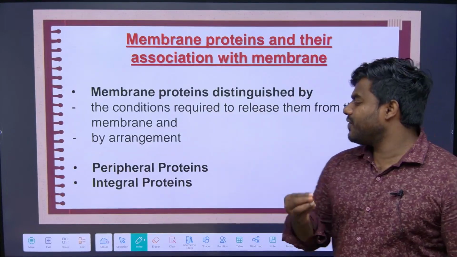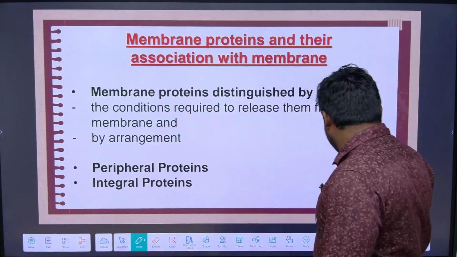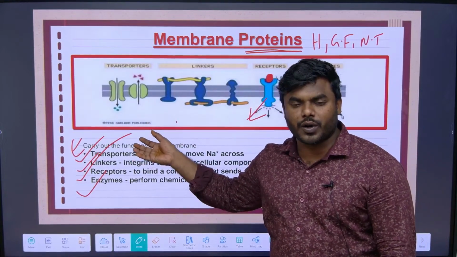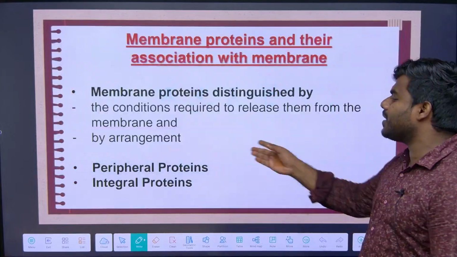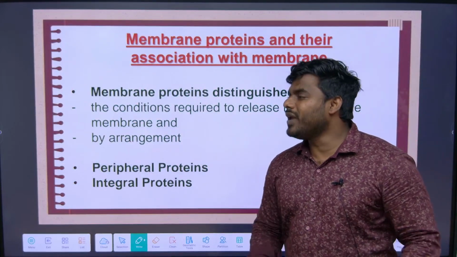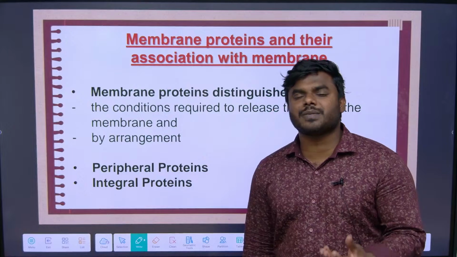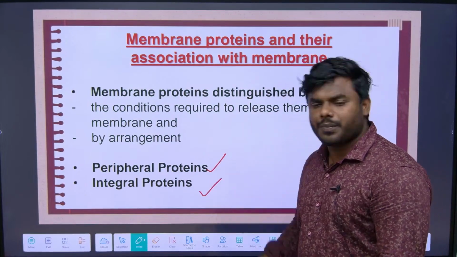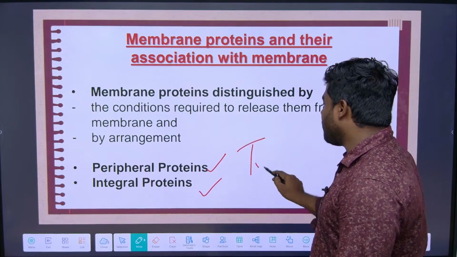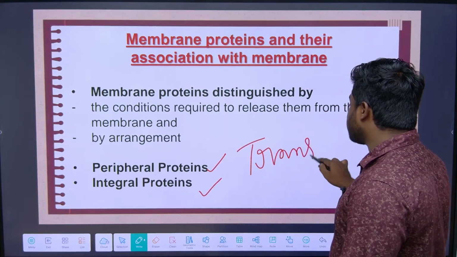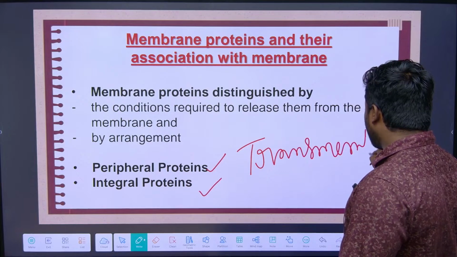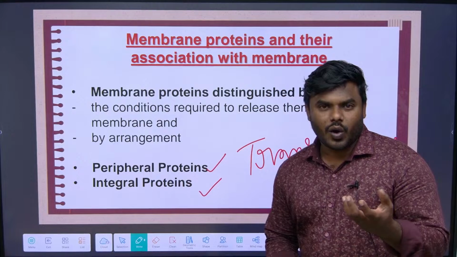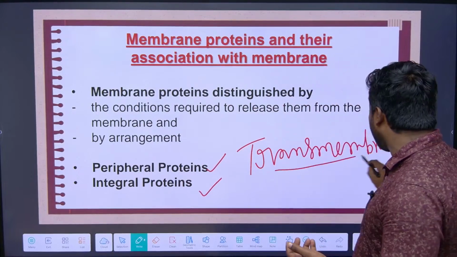Now here comes a very important question. You understand what functions are performed by membrane proteins. What kind of proteins are present on the membrane? How many types of proteins are present? Peripheral proteins, integral proteins, then the third one we call transmembrane proteins. What is the meaning of transmembrane proteins? They span the plasma membrane.